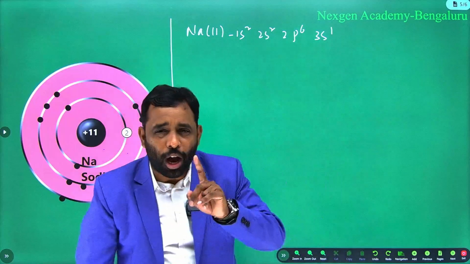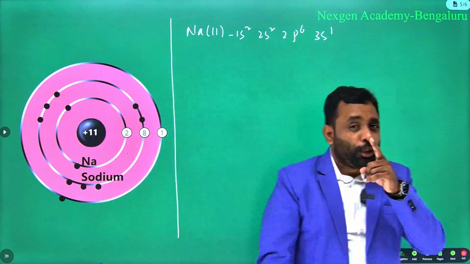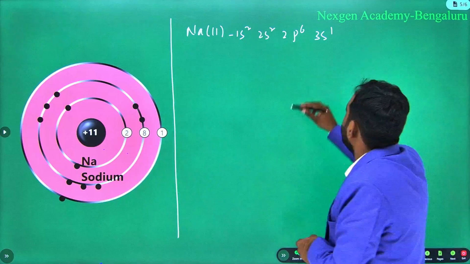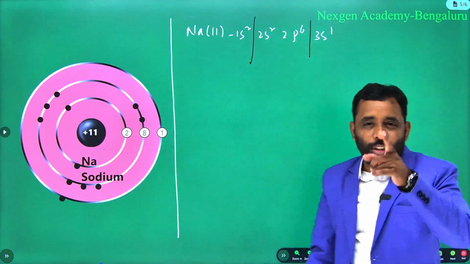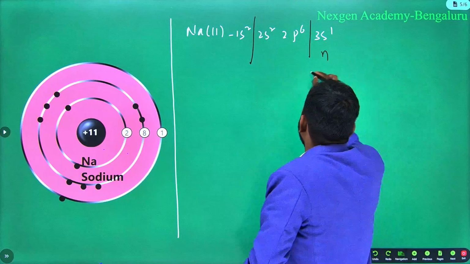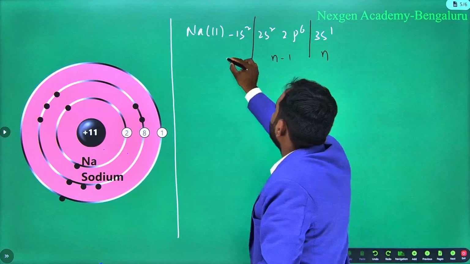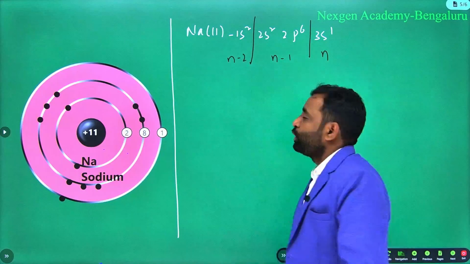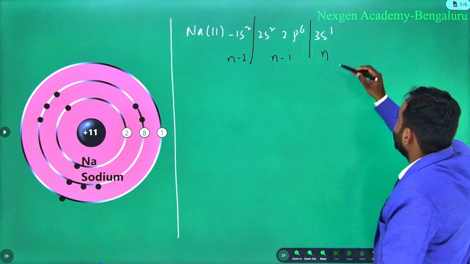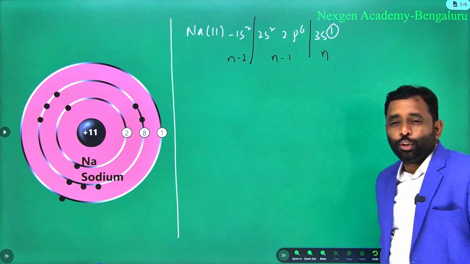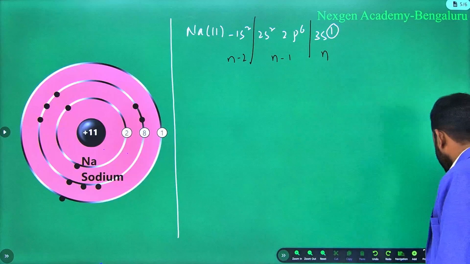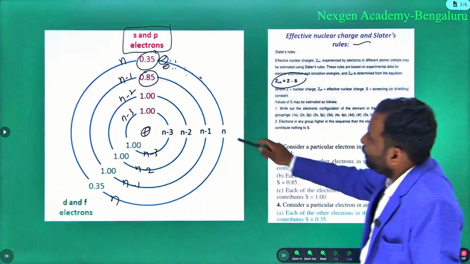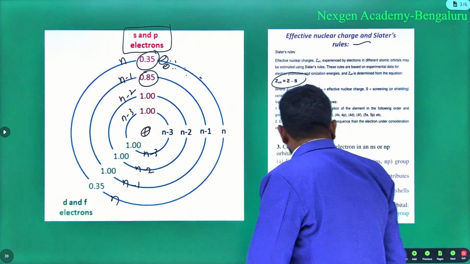Now, as I told you, after writing the electronic configuration, you need to regroup it. 1, 2 and 3. So the third shell is n, the second shell is n minus 1, and the first shell is n minus 2. You are calculating for the valence electron of sodium, the 3s electron. S and P, this order we need to follow.